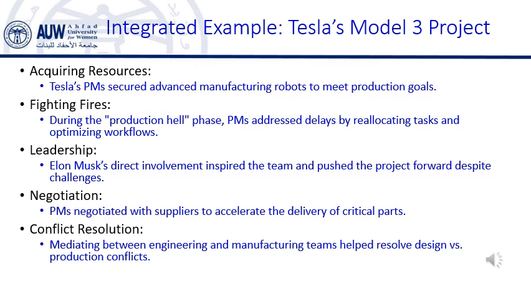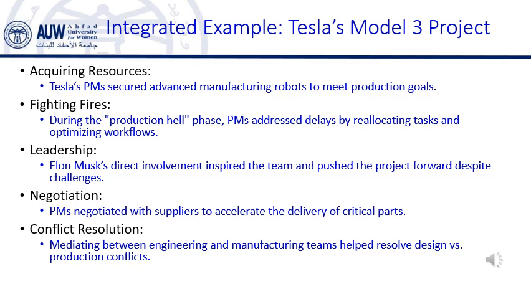The project managers needed to quickly find alternative solutions to ensure that production could meet the growing demand. This connects to earlier lessons on resource management and budgeting. The PM had to ensure that Tesla could obtain and allocate the necessary resources, while also keeping the project on budget.